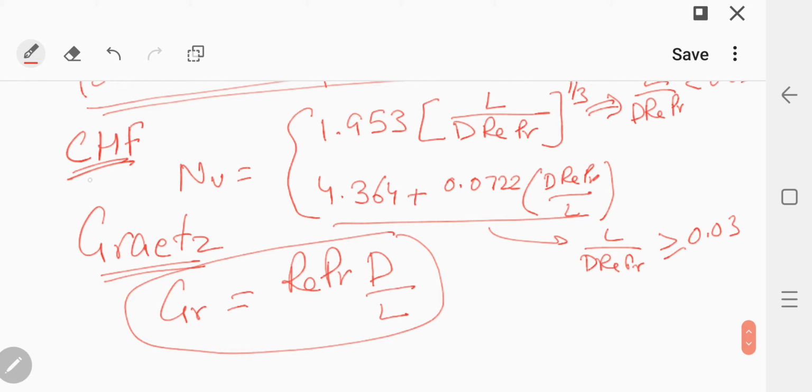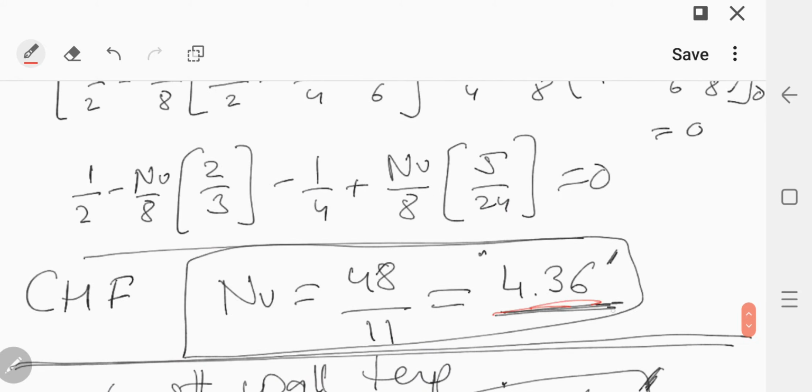Clear? For constant heat flux, it is this thing. Now, if you see in this expression, if length approaches infinity for a very long tube, this Nusselt number approaches 4.36, which we have derived over here.